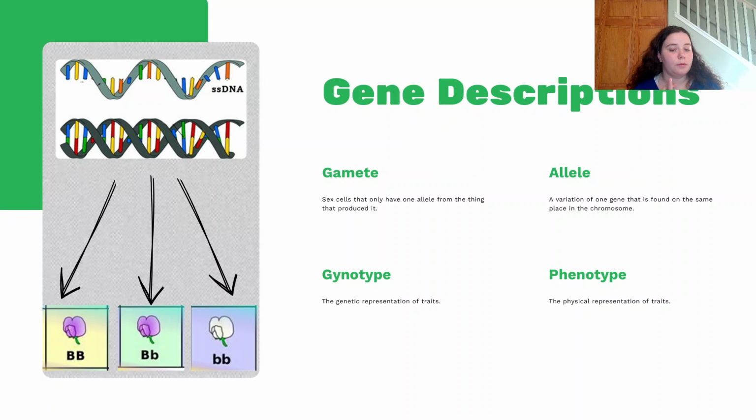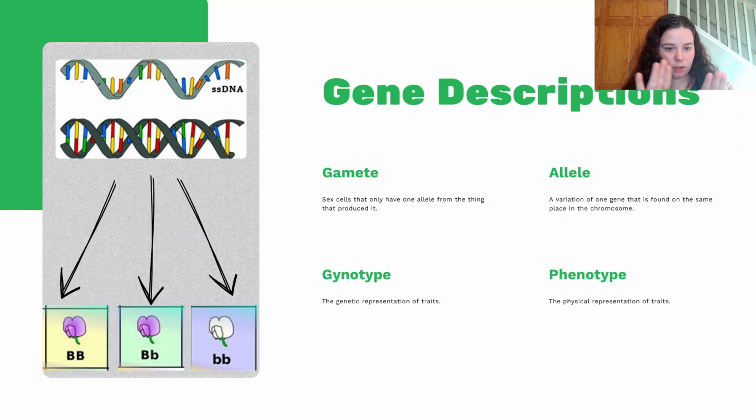Now we're going to talk about some of those fancy words that we were talking about earlier. A genotype is the genetic representation of traits. So, genotype is what all this crazy stuff is. Genotype is what the library book says. What the gene's library says, which we assign two letters.